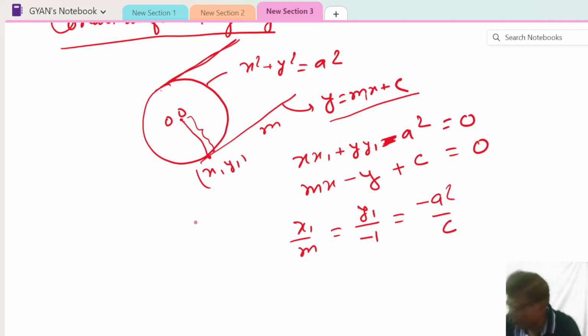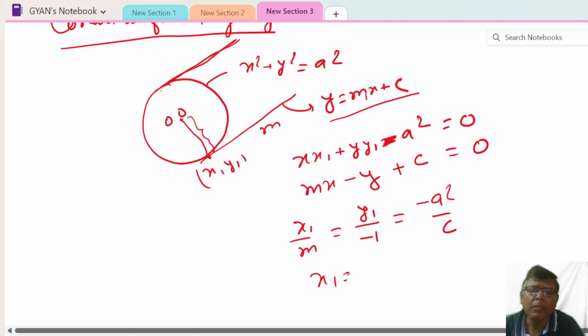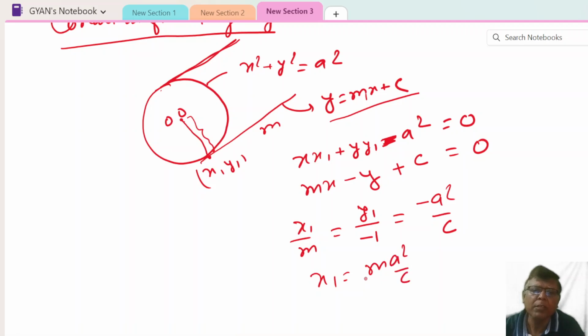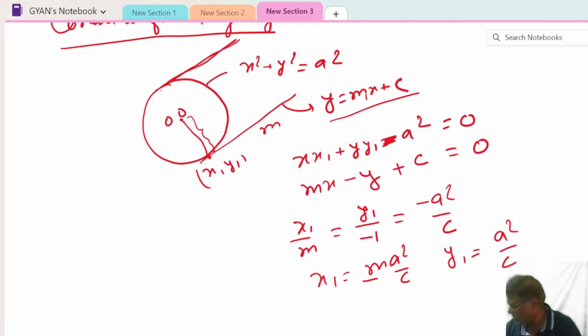So x1 is equal to minus m a square by c, and y1 is equal to a square by c. Correct.